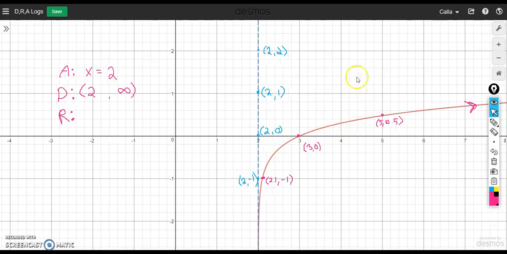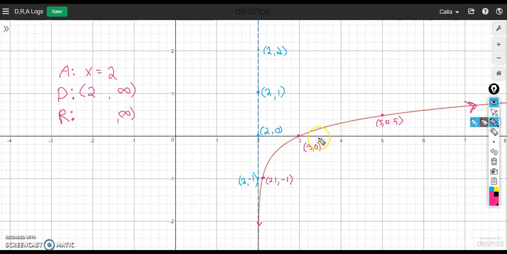I know that range is looking at the values of my function up to down, so that's all of the possible y values that my function can have. As I go along my function, I see that my y values are steadily increasing. My function keeps going onward and onward, so my y values must continue increasing upward towards positive infinity.